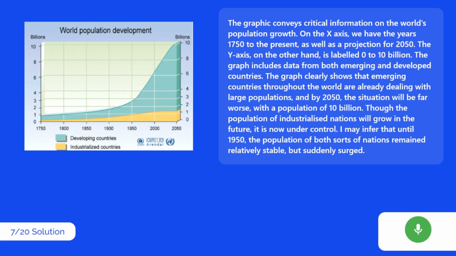The graph clearly shows that emerging countries throughout the world are already dealing with large populations, and by 2050, the situation will be far worse, with a population of 10 billion. Though the population of industrialized nations will grow in the future, it is now under control. I may infer that until 1950, the population of both sorts of nations remained relatively stable, but suddenly surged.